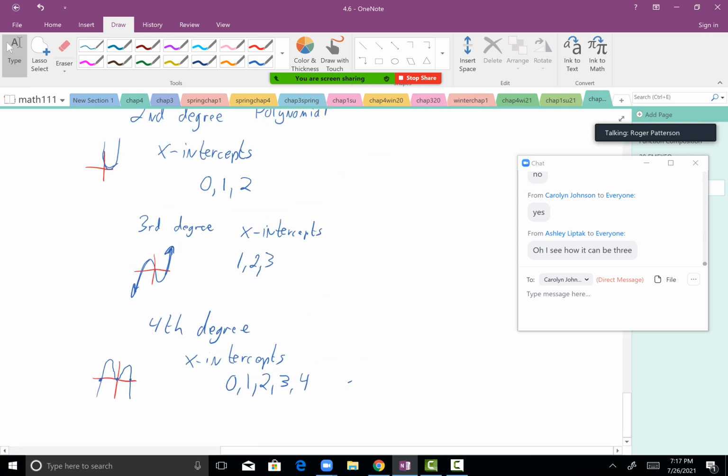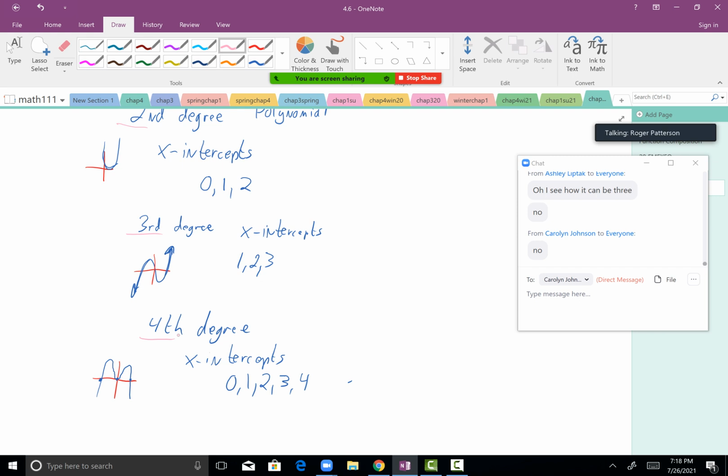All right, and actually you kind of said it. You're basically saying that this degree, right? First of all, do we ever have more x-intercepts than we do the degree? No. So whatever the degree is, that's how many x-intercepts there are at most. But there could be less, right?